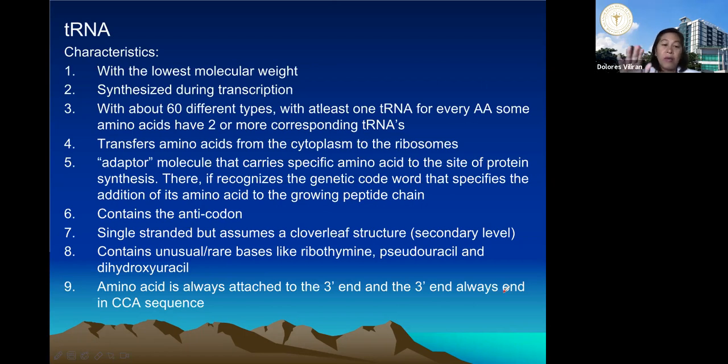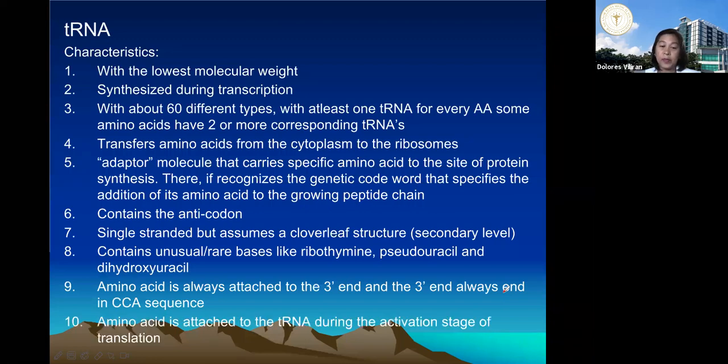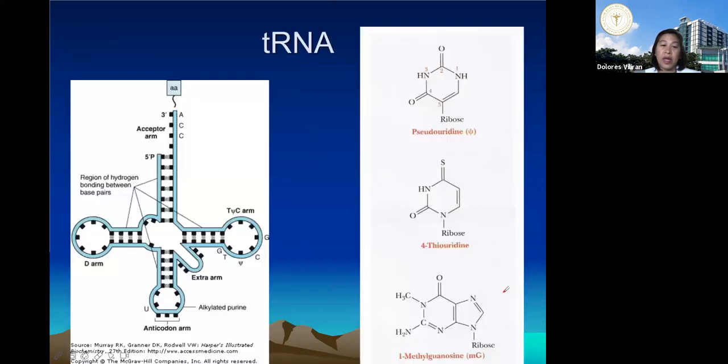So that is very peculiar of the tRNA. The 3' end has the CCA sequence, and this is the point of attachment for amino acids. That's why we call the 3' end the acceptor arm for the amino acid. And the amino acid is attached to the tRNA during the activation stage of translation.